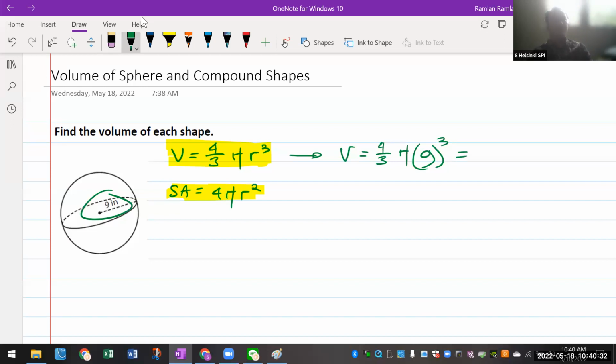Most of the time, guys, when you put this into the calculator, you will get 4/3, and then multiply by pi, and then multiply it again by 9 to the power of 3. In my calculator, it said 972 pi, right?